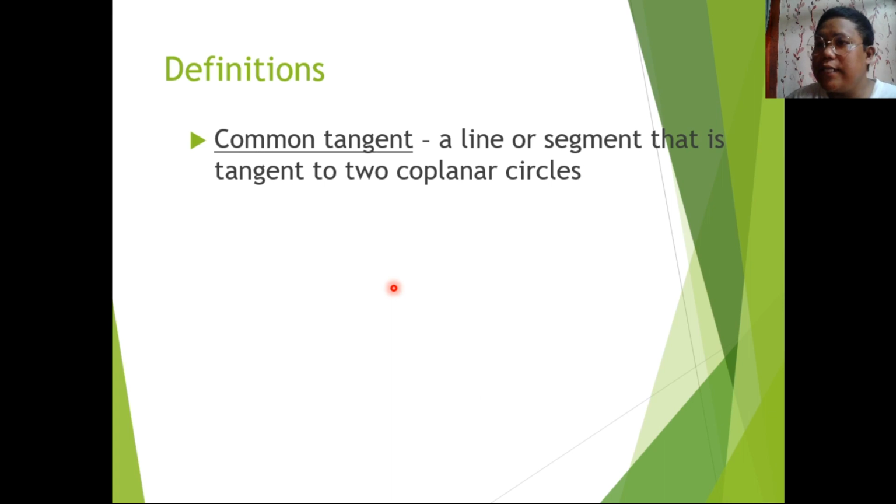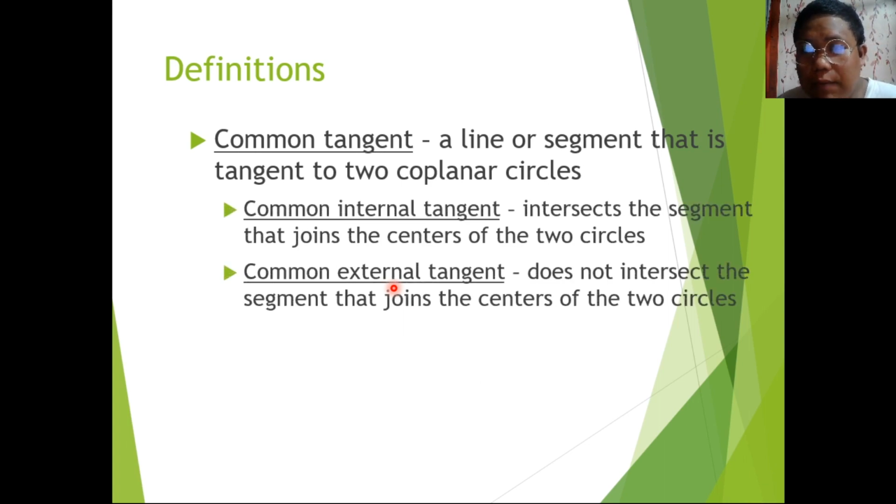Next, the common tangent. A common tangent is a line or segment that is tangent to two coplanar circles. There are two kinds of common tangent. The first one is the common internal tangent. When you talk about common internal tangent, it intersects the segment that joins the centers of the two circles. While the common external tangent does not intersect the segment that joins the centers of the two circles.